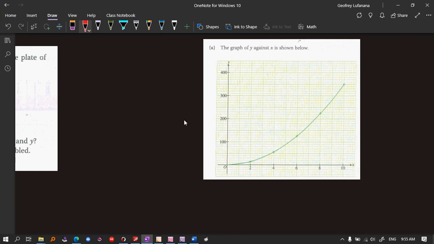You find that it is a curve. Because it's a curve, we interpret this as y is not directly proportional to x. If it were, it should be a straight line through the origin. But this is a curve, meaning that y is not directly proportional to x.